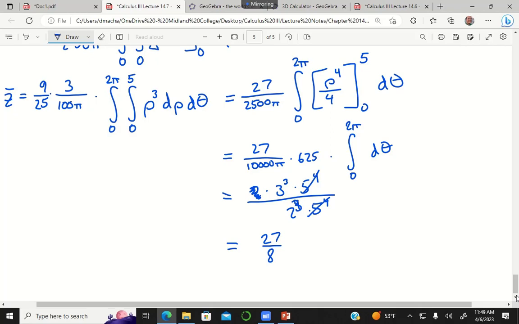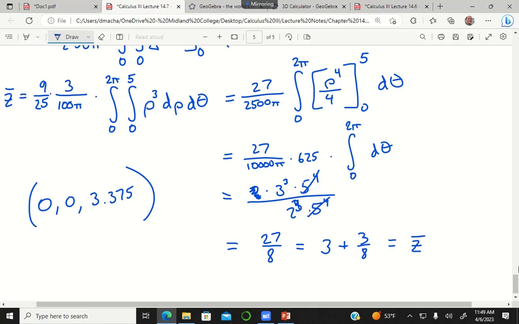I like to do mixed numbers, so this would be 3 and 3/8. And that should be the location of my center of mass, right? My center of mass in the XYZ coordinates should be 0, 0, and then 3.375.